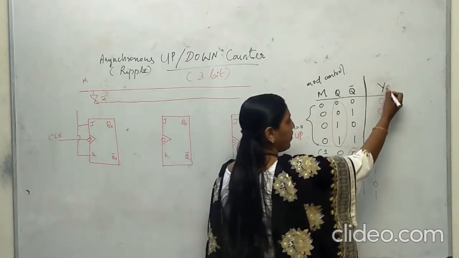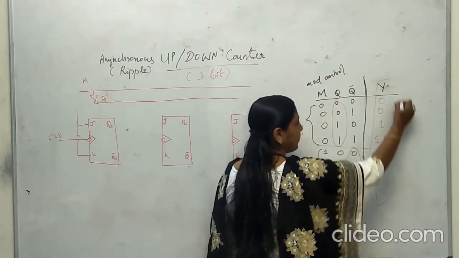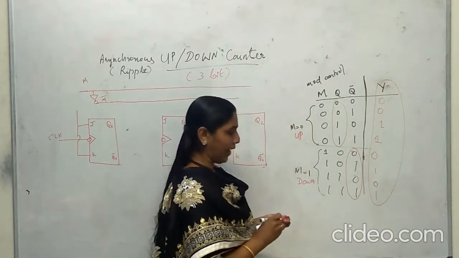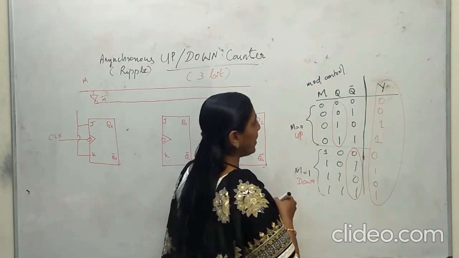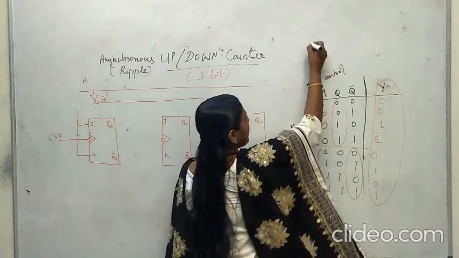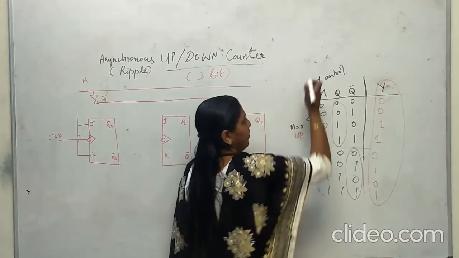Now I have to find the equation for this Y. So I have to realize this part Y. How can we realize it? We have 3 inputs, and you will use the K-map method for simplifying it.